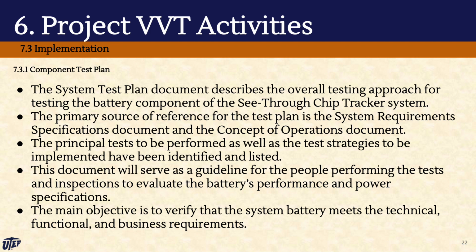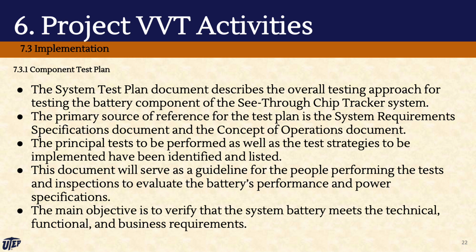7.3 Implementation. Component Test Plan. The System Test Plan document describes the overall testing approach for testing the battery component of the see-through chip tracker system. The primary source of reference for this test plan is the System Requirement Specification document and the Concept of Operations document.